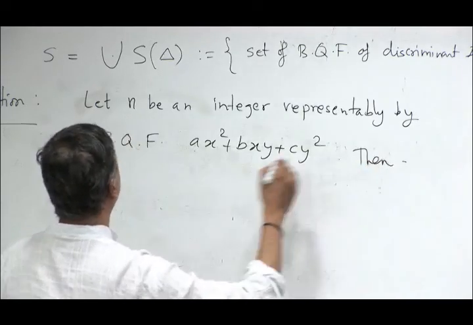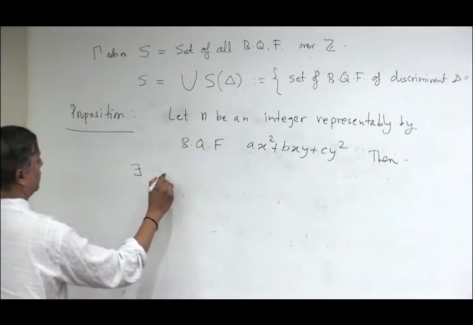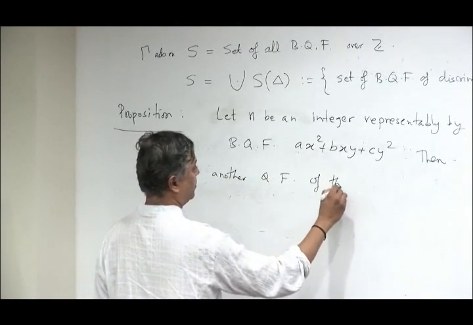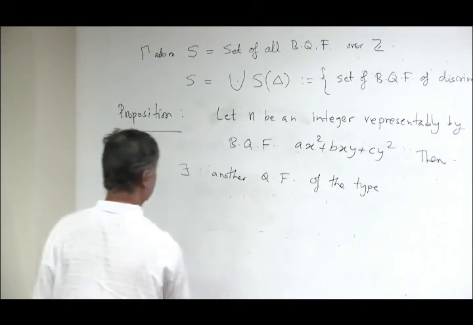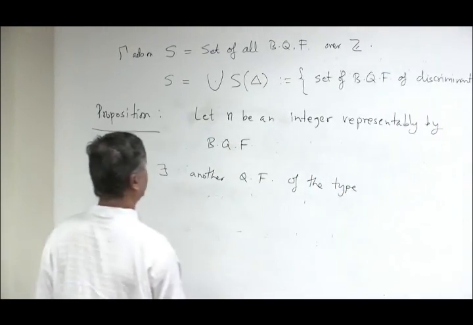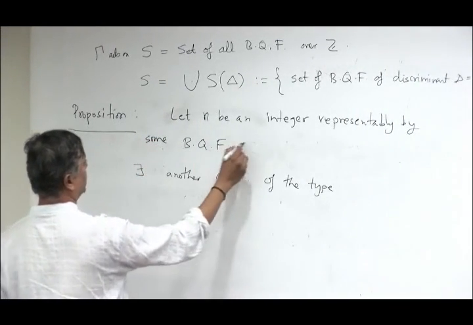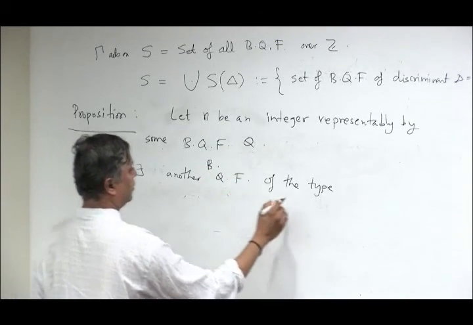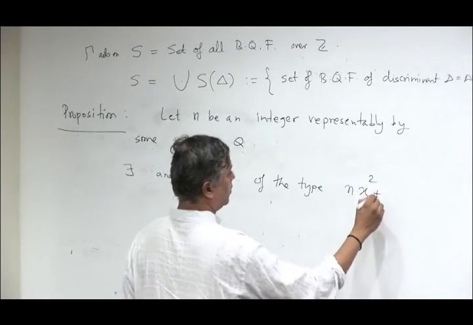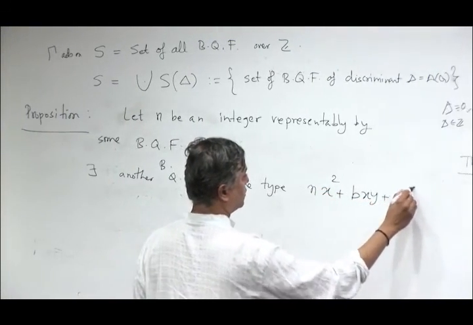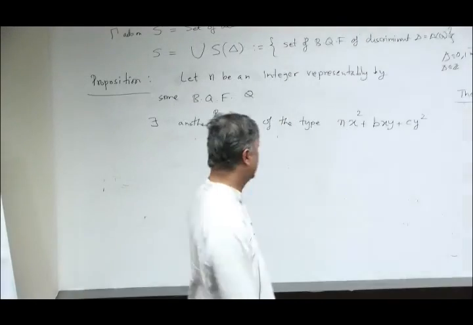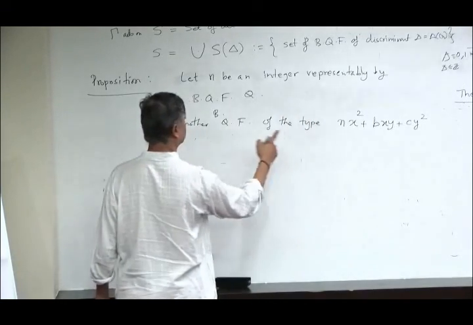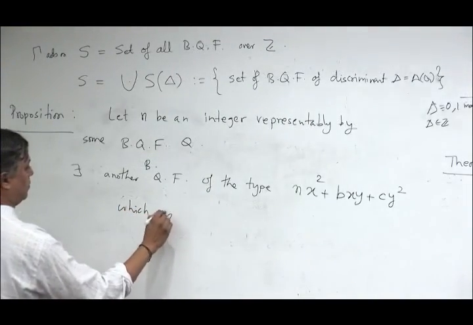Then there exists another binary quadratic form of the type nx² + bxy + cy², which is equivalent to q.